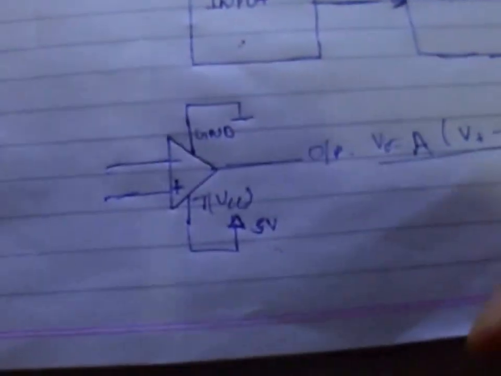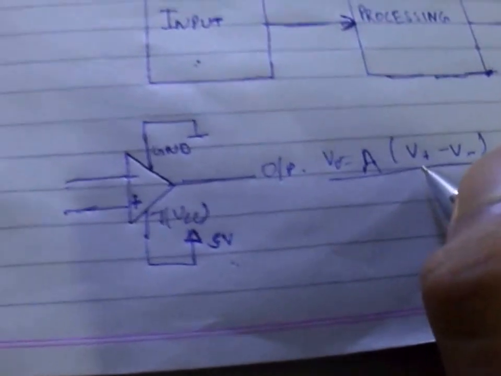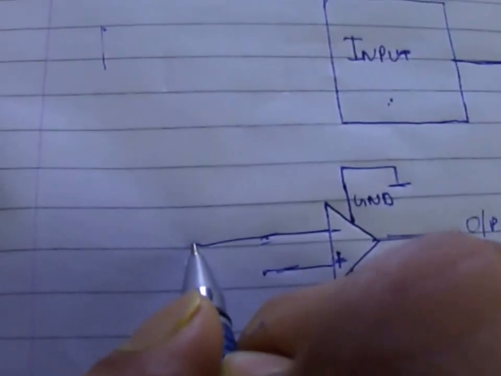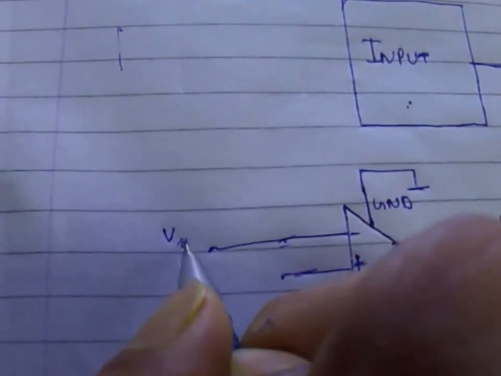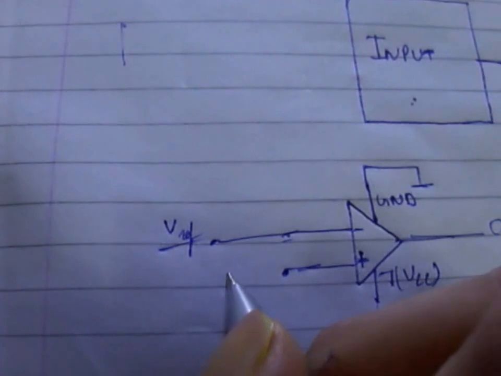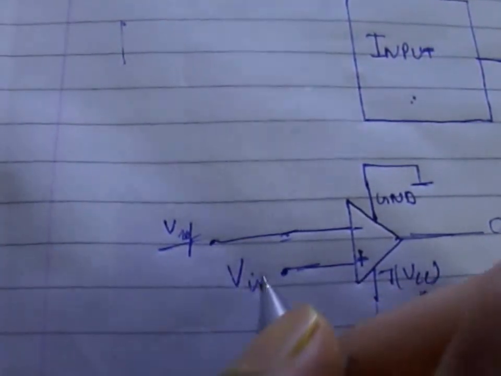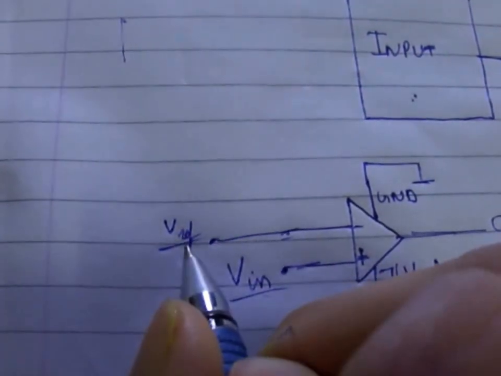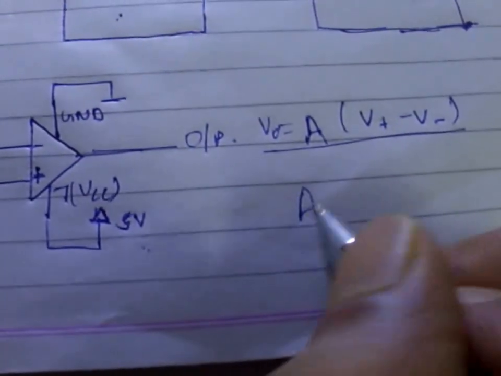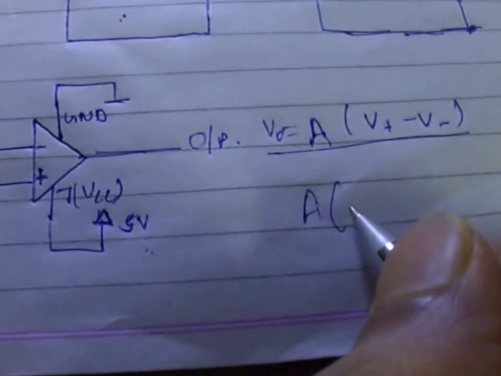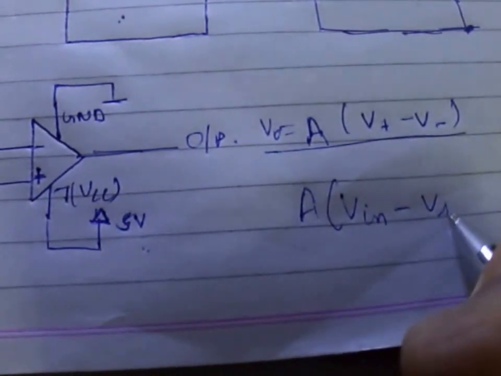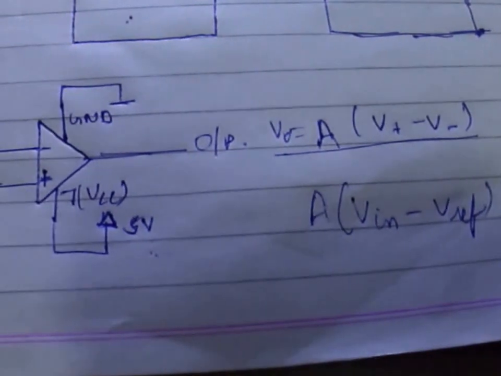Okay, so if I give a reference voltage to this, that is V ref, and this is V in, that is the input voltage, and this is the V ref. So what will happen is, the output that we are going to get is A times V in minus V ref.